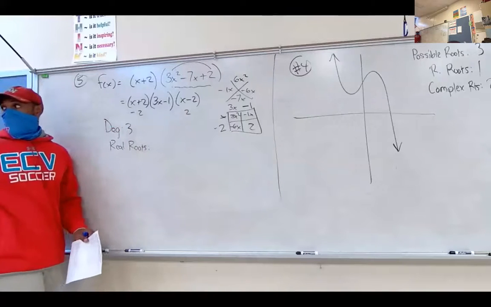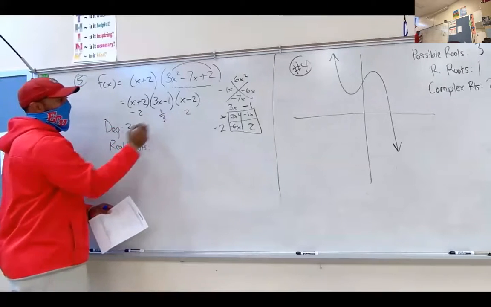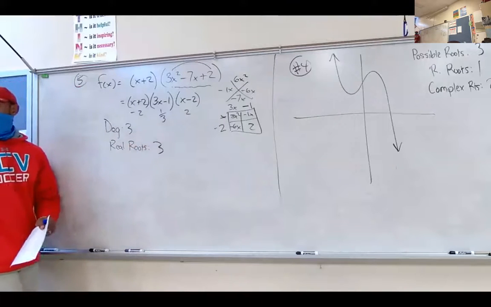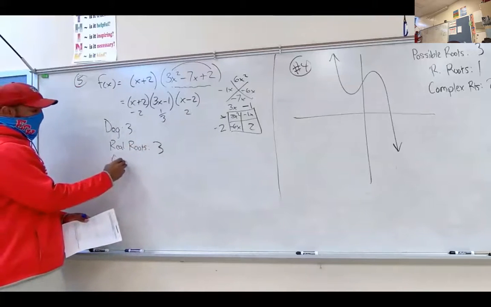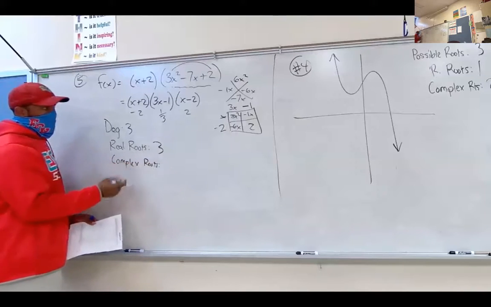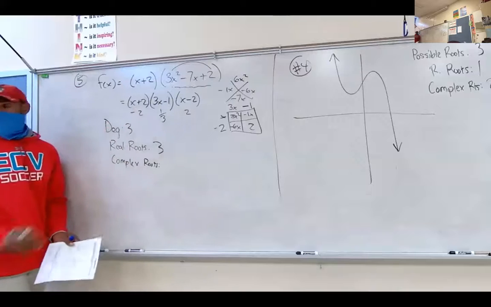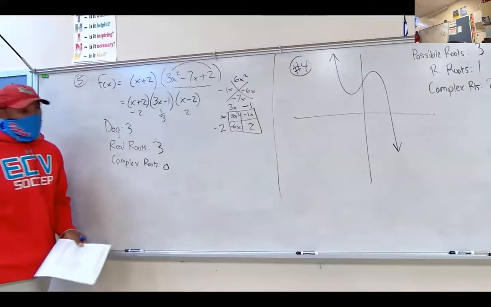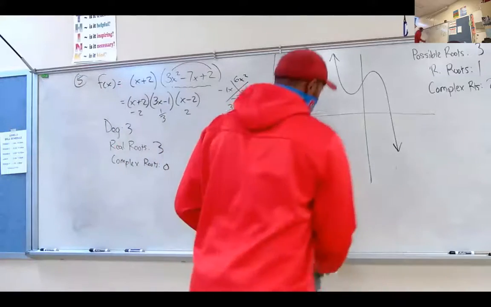It's a fraction, what is it? 1/3. All right, so 3 real roots. How about complex roots? Right. First of all, you don't see any, and the degree is 3, so we can't have more than that. Okay, so that's it. That one required me to factor a little bit.